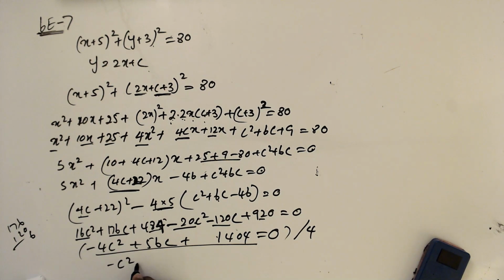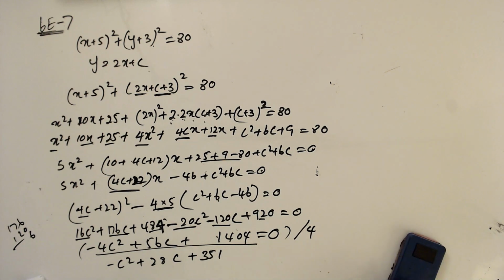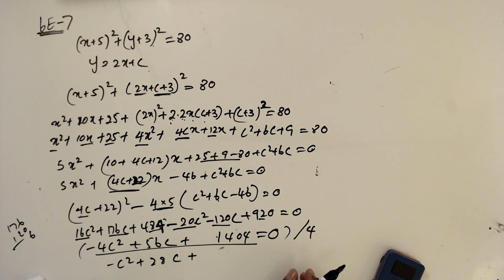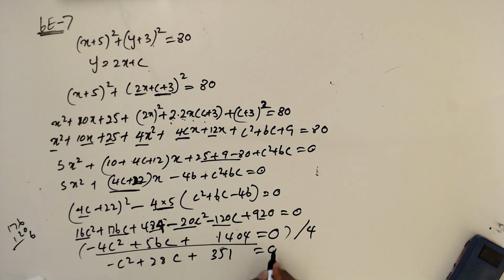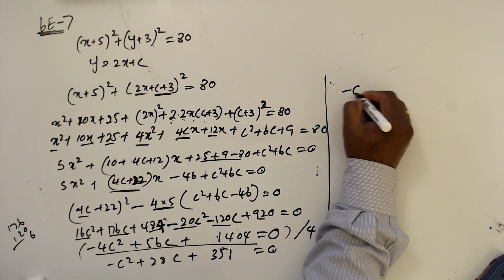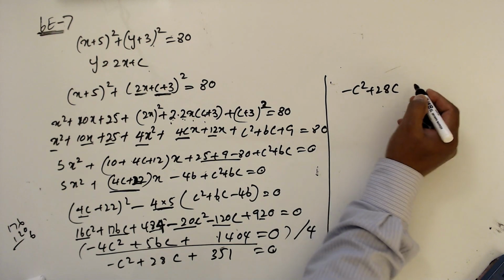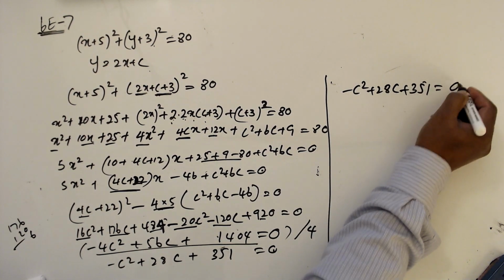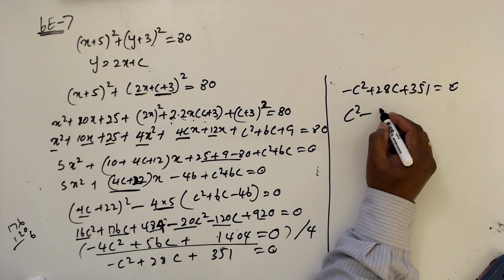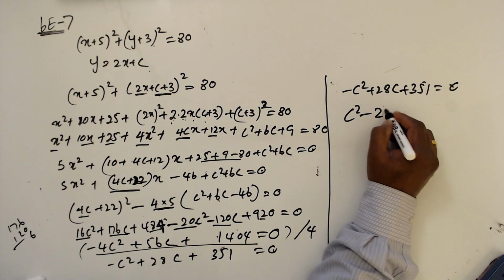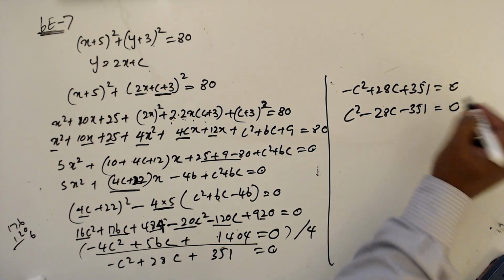Then this is minus c square plus 14c plus 351 equals 0, which means c square minus 14c minus 351 equals 0.